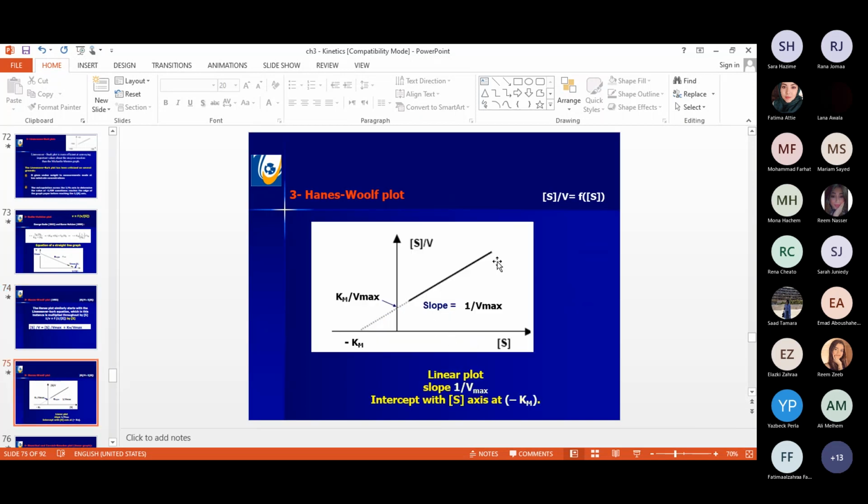In this case, it is very similar to the Eadie and Hofstee plot and the double inverse plot, but here they plot S over V as a function of S. Extrapolation on the y-axis will give you the value of Km over Vmax, and extrapolation on the x-axis will be directly the value of minus Km. So it's also a third method to calculate Vmax and Km graphically.